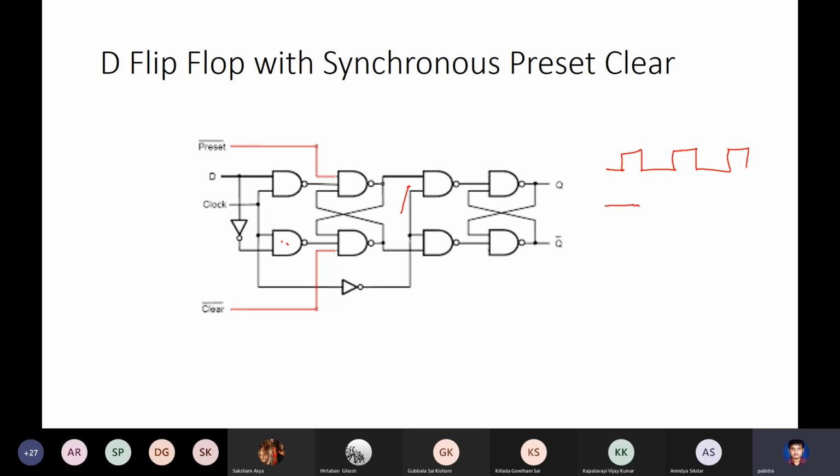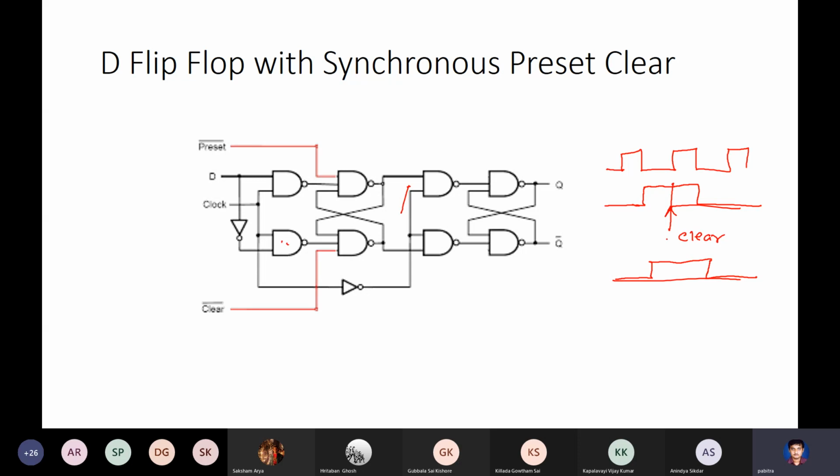Your output is, let's say, if it is a trailing edge, doing something, and you get a preset here, you get a clear here, immediately it becomes 0. What will happen in synchronous is that it will wait for the next trailing edge, and then it will become 0.